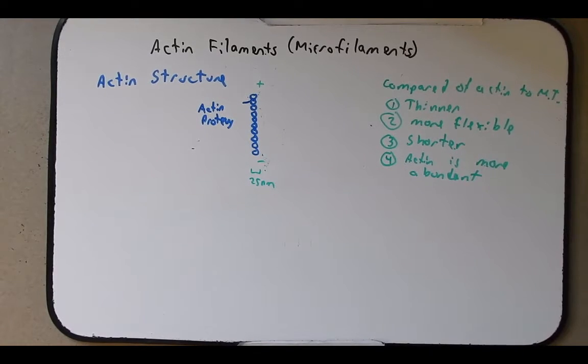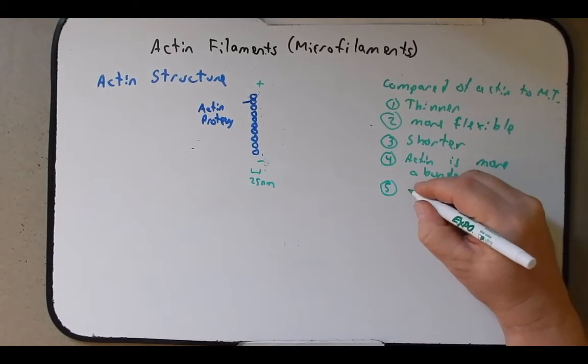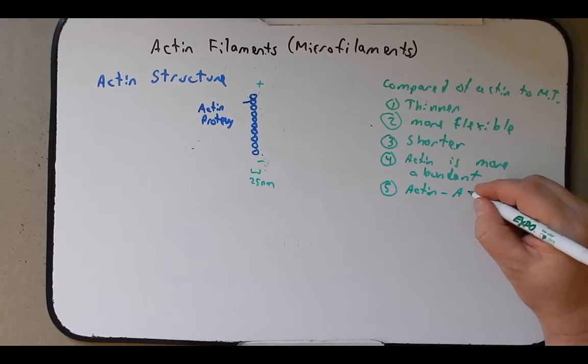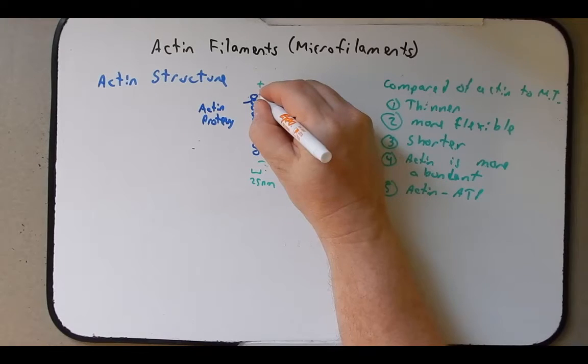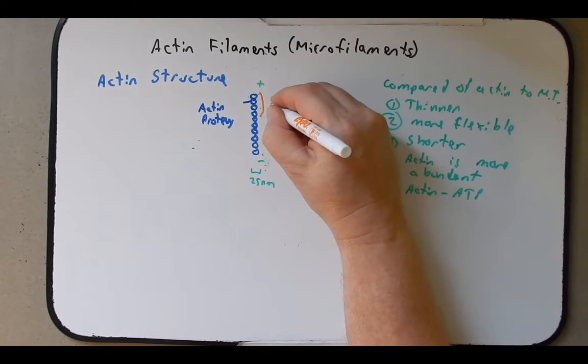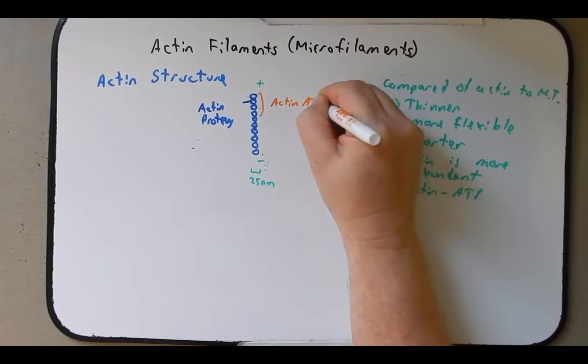Now with microtubules, we saw that GTP was used in binding the monomers. With actin, it's bound to ATP. And similarly, as we saw with microtubules, this plus end will have more actin ATP.